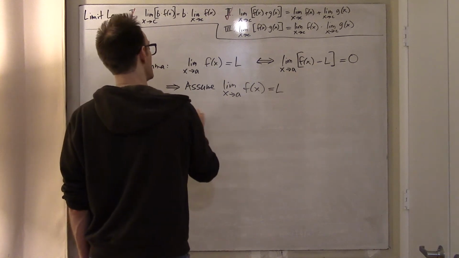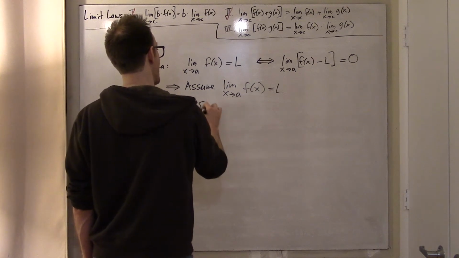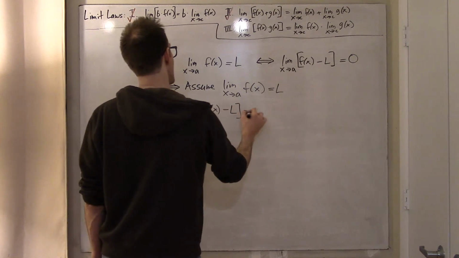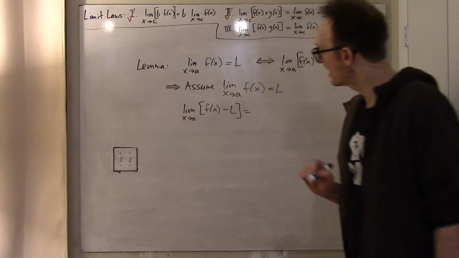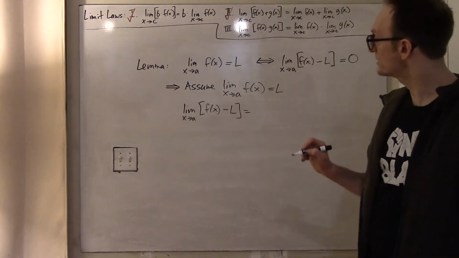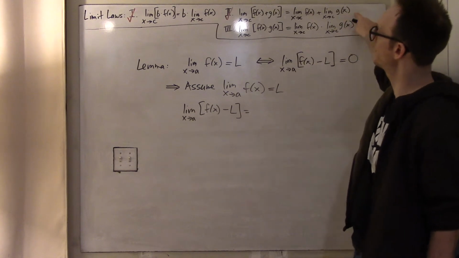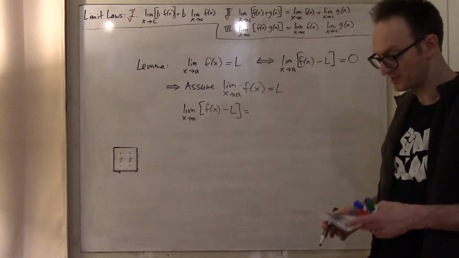So what is the limit as x approaches a of f minus L? Well, the smoothest way to do this now is to reach for the previously proved theorem that the limit of the sum is the sum of the limits.